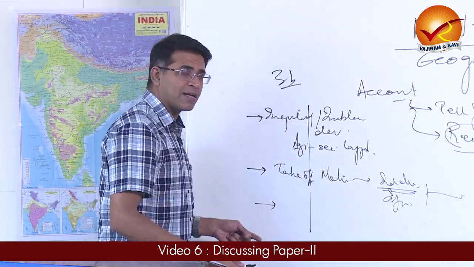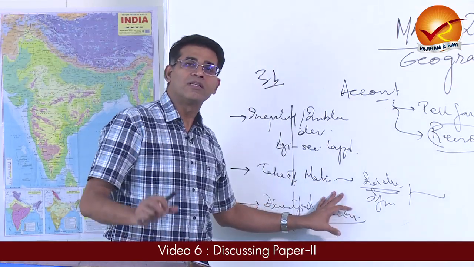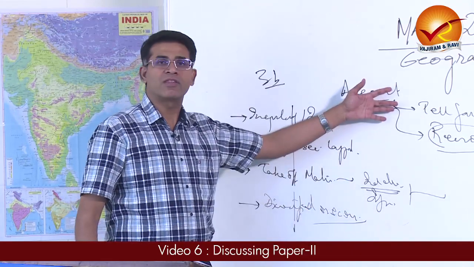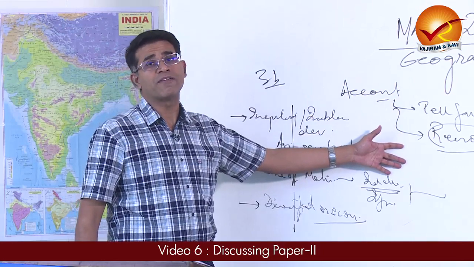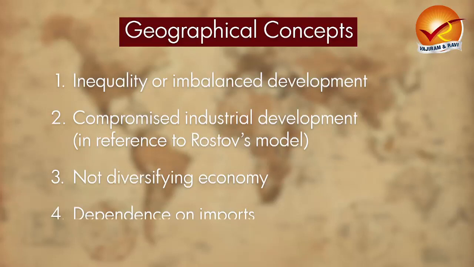The geographical concept could be around how we have not diversified our economy, because our economy in terms of its global presence is largely around the software sector, which is not good enough to deal with the entire range of imports that we have. We have been dependent on imports where the services sector is not able to compensate for it.